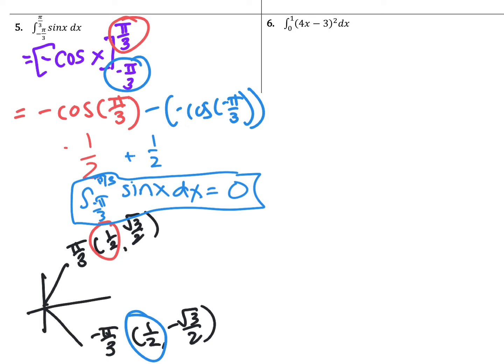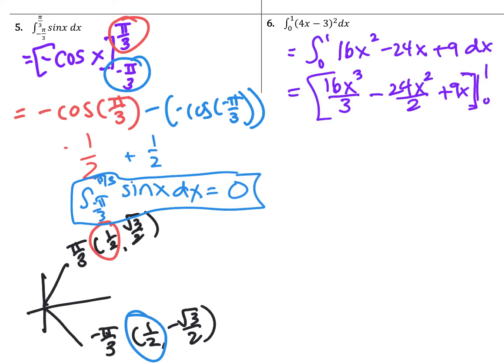All right, number 6. Let's go ahead and expand and then find the antiderivative. So there are those two steps. We can simplify this to be 12. So I'm going to go ahead and plug in the upper and lower bound. The nice thing about plugging in the lower bound here is it looks like everything's going to be 0. If I plug in 1, I'm going to have 16 over 3 minus 12 plus 9.